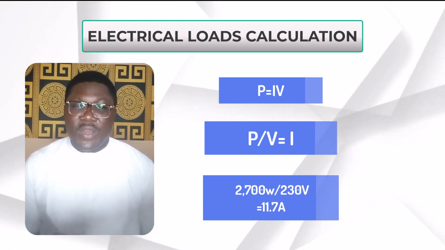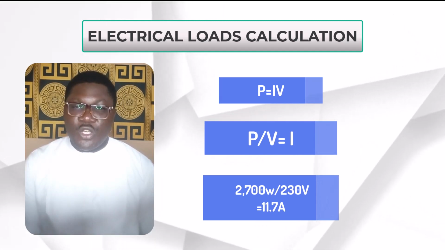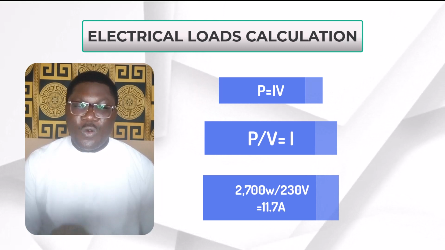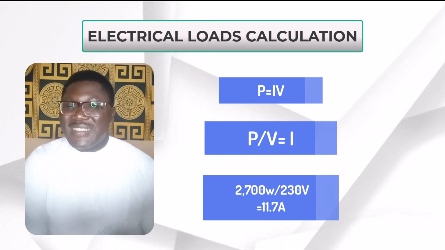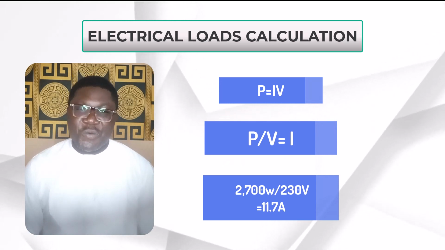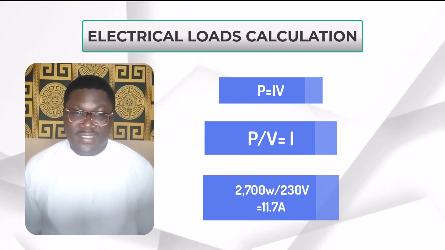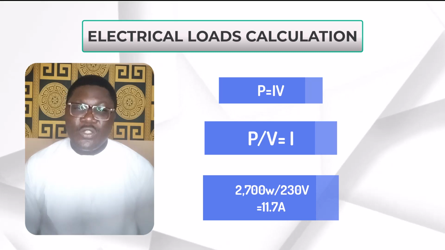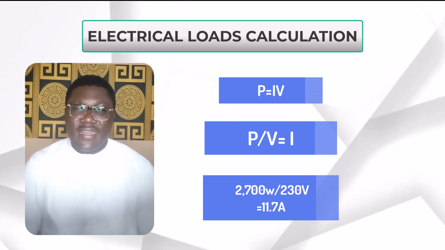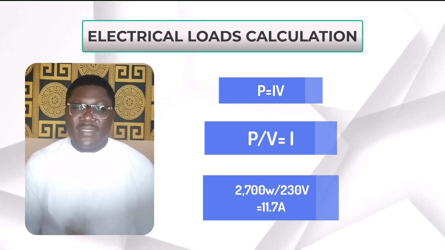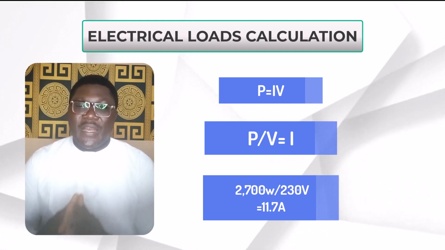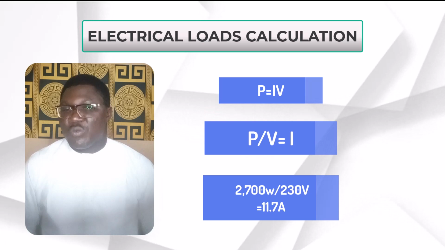So definitely, when you have 11.7 amps, you know that you're not going to put that load on any circuit breaker that is below 15 amps on your distribution board. That is very easy. That is how you calculate your load in any installation you're working on, so that you don't overload a particular circuit on your distribution board.